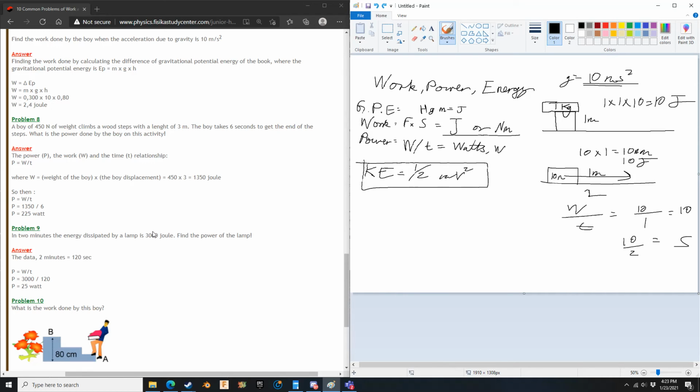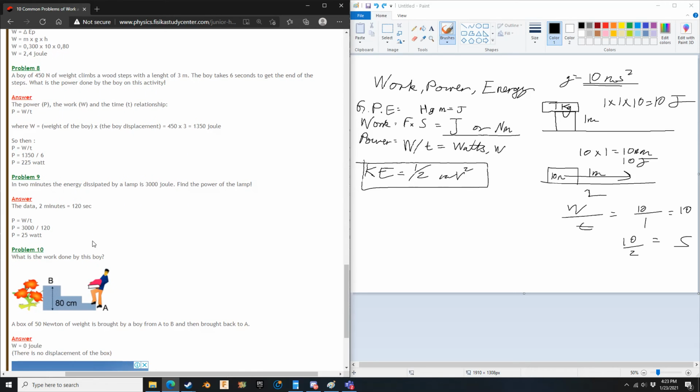You just have to know that the lamp is giving out 3000 joules over a period of 2 minutes, so we first convert 2 minutes into our SI units of 120 seconds. So just pretty simple, we just do 3000 over 120 to get 25 watts.